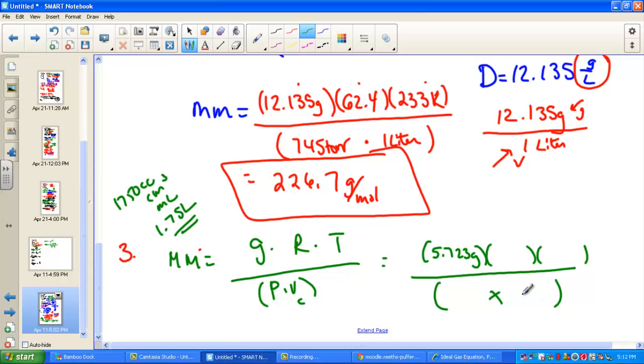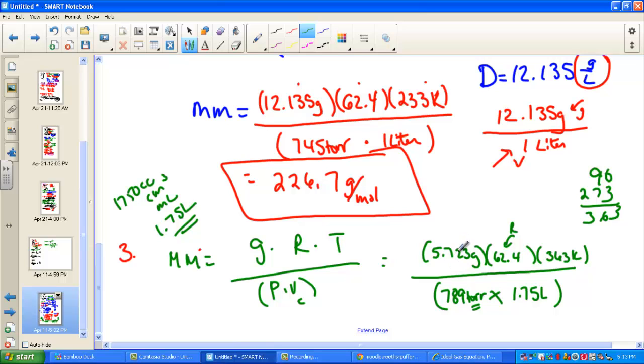And that volume unit goes down here in this spot, 1.75 liters. 789 torr, so there's my P. As soon as I wrote torr, I also know the gas constant R has to match. Temperature of 90, 363 Kelvin units. We have our mass times the constant times the Kelvin temperature, divide by the product of P and V.